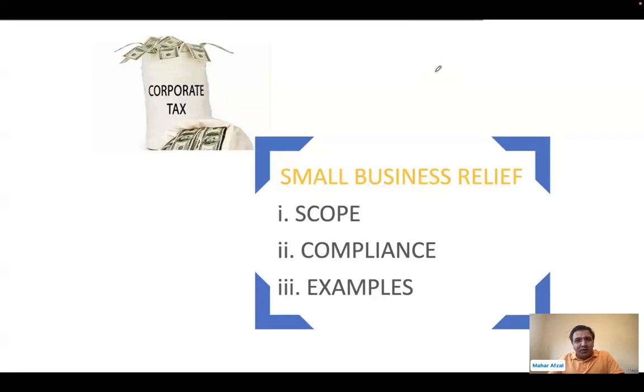In the small business relief guidance, I have classified the discussion into three sections.